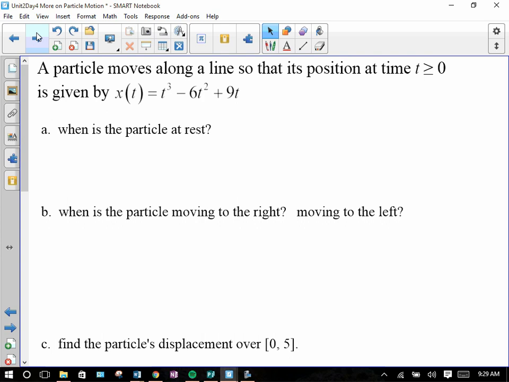Ready? The particle moves along a line so that its position at time t greater than or equal to 0 is given by x of t equals t cubed minus 6t squared plus 9t.